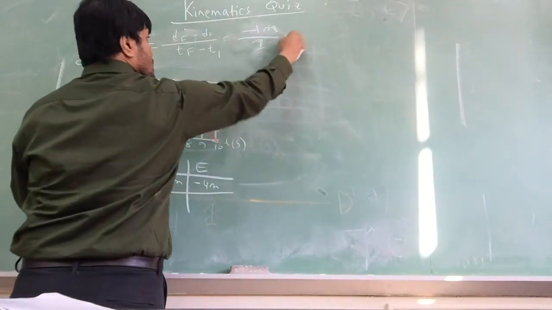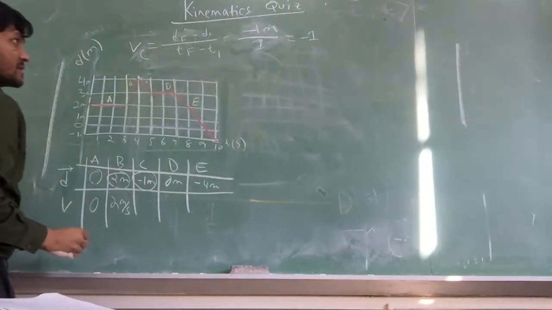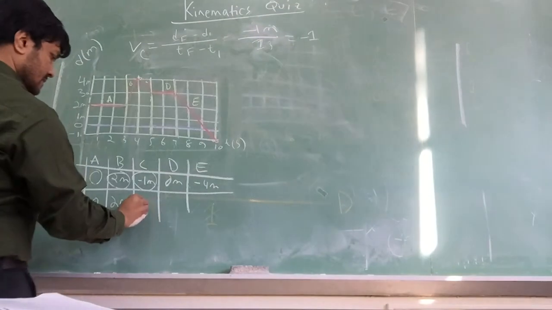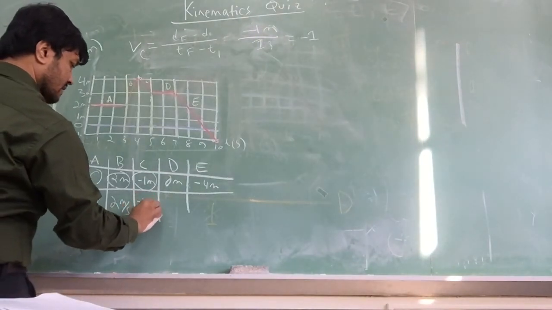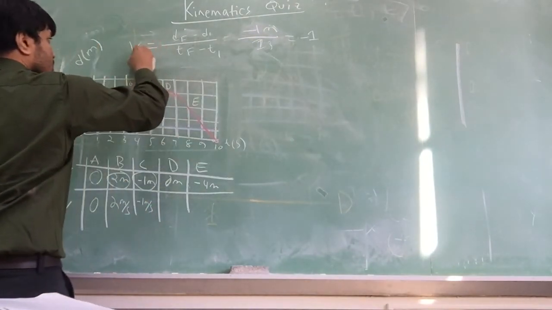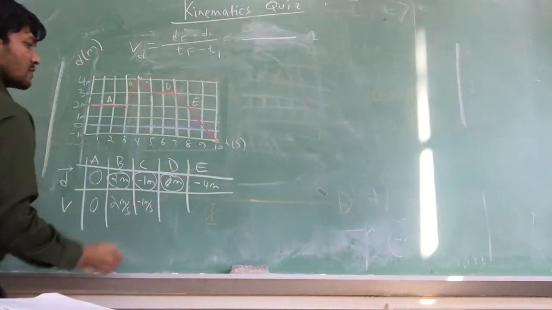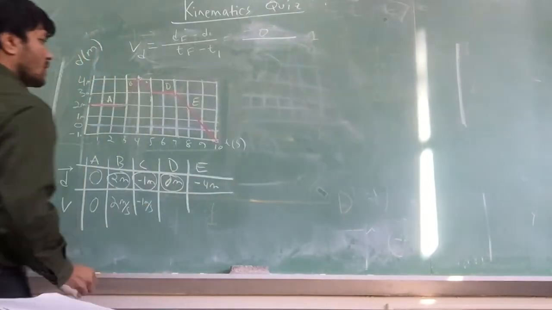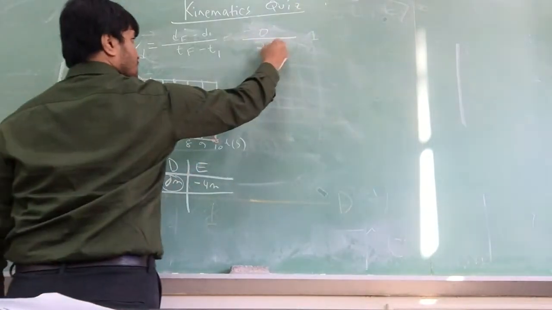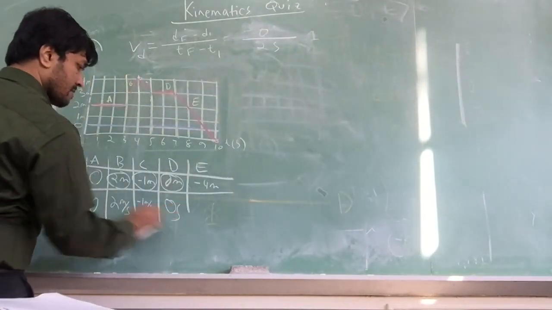So this is -1 meter per second. Now D, we already have 0 over 7 minus 5, 2 seconds, so the velocity is 0.